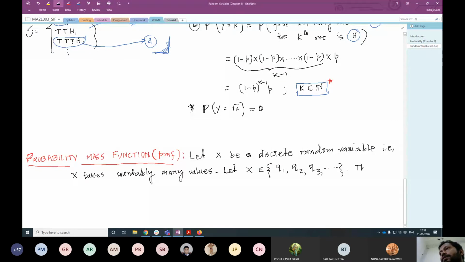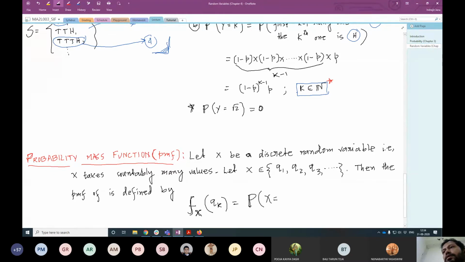Then the probability mass function of X is defined by p_X at qk is the probability that X is equal to qk, and this is for all qk.